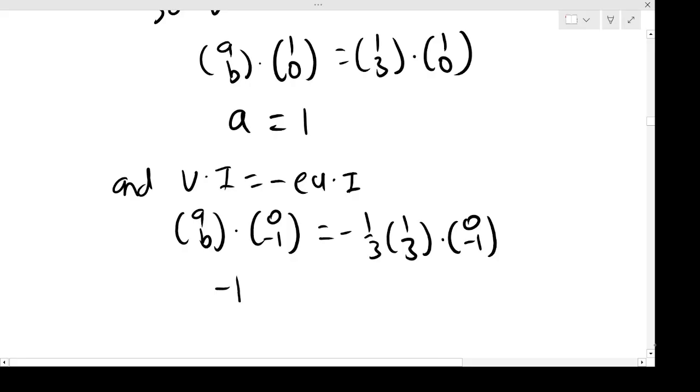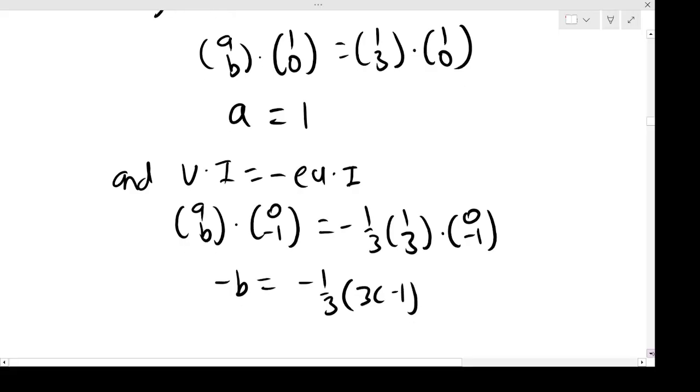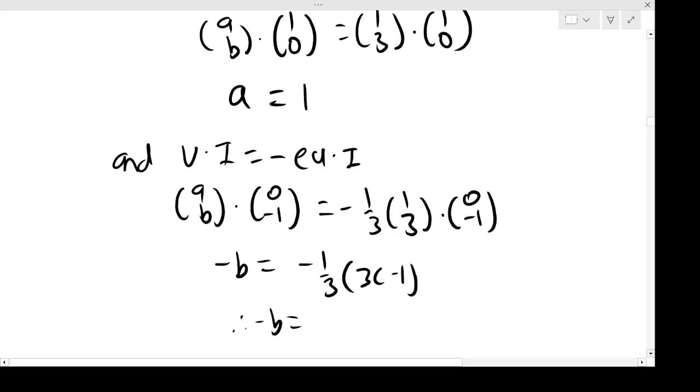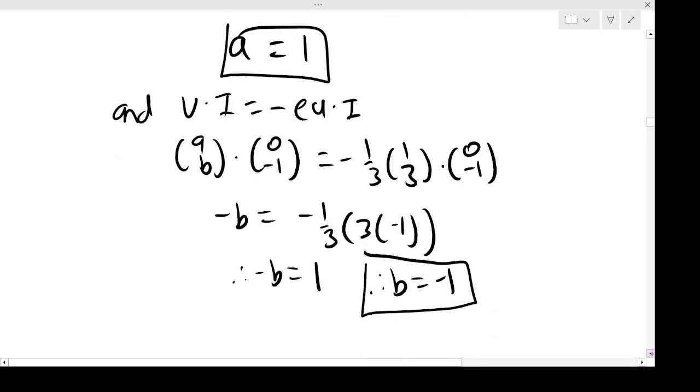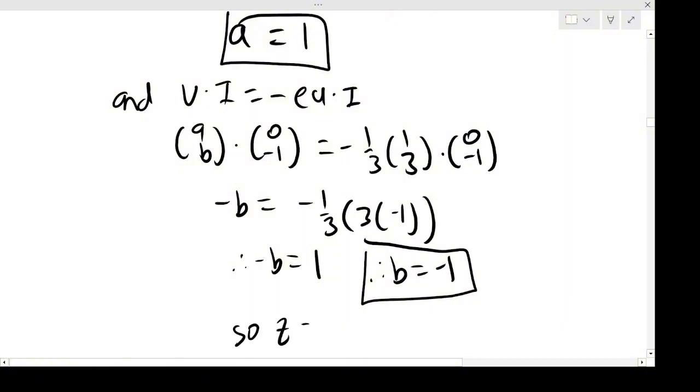And so at that point, we're going to get minus B is minus a third of, well, 1 times 0 is 0, so we get 3 lots of -1. Okay, therefore, minus B is minus 3 lots of minus a third, which is 1, so therefore B is -1. Okay, so hopefully happy with that. So my velocity afterwards, Z, is going to be AB, which is 1 -1.